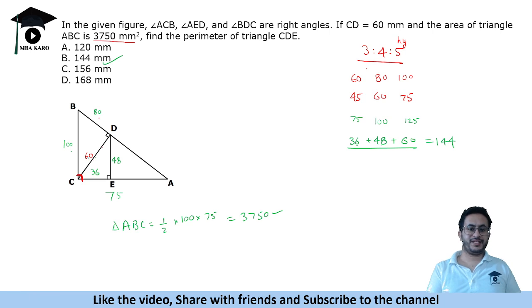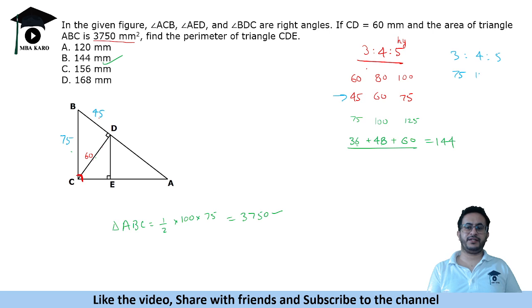We took this as 60 and this as 80. Another possibility was 45, 60 and 75. Now we have a 3, 4, 5 triangle, and one of the sides is 75.